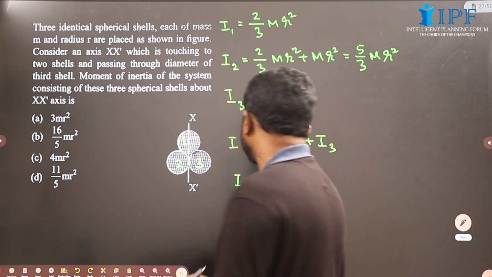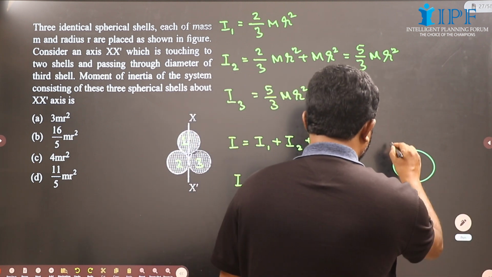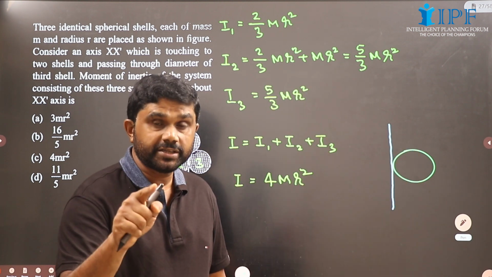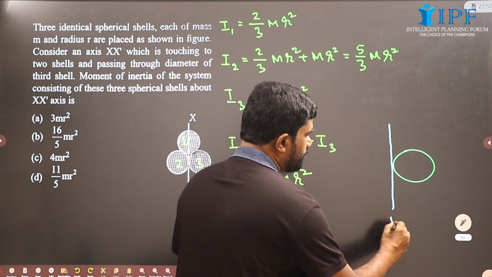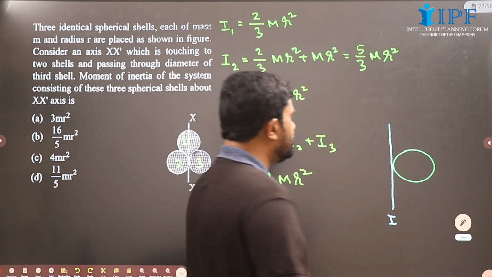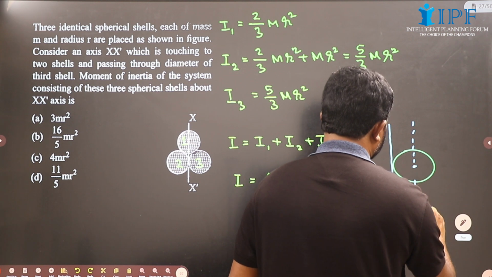This is the shell, and we want to find the moment of inertia about this tangent, so we have to apply the parallel axis theorem. This is the axis about which we have to find the moment of inertia. Consider an axis parallel to the given axis and passing through the center of mass.